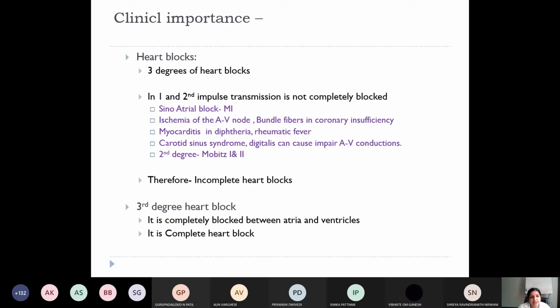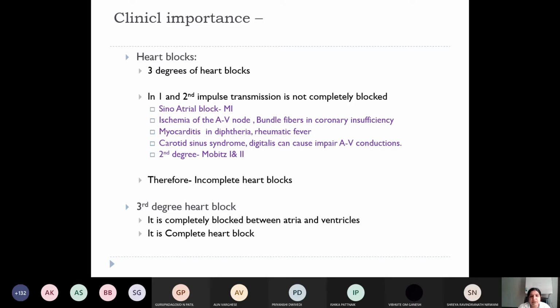There are three types of heart block. First and second are incomplete heart blocks, meaning there is no complete blocking of the transmission of impulses, whereas third degree heart block is complete heart block, where complete obstruction of impulse transmission occurs.